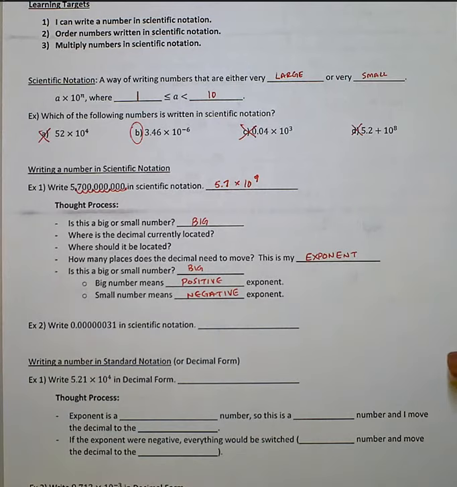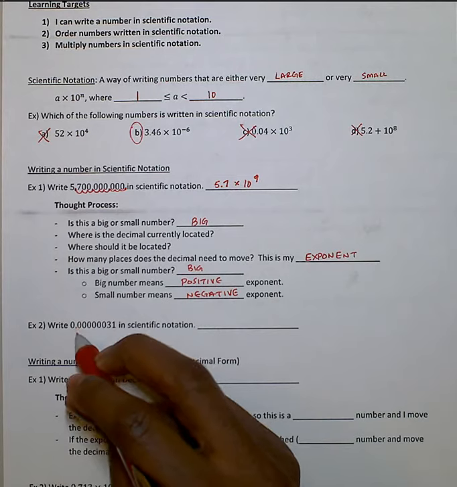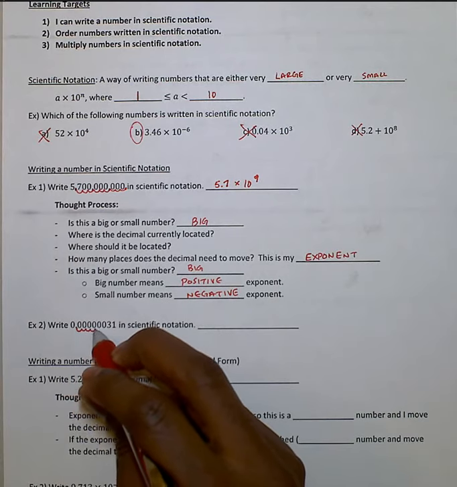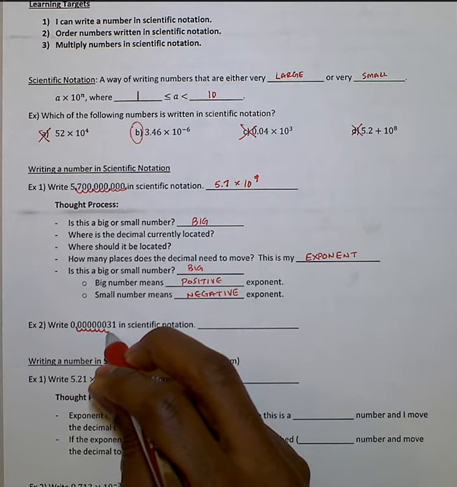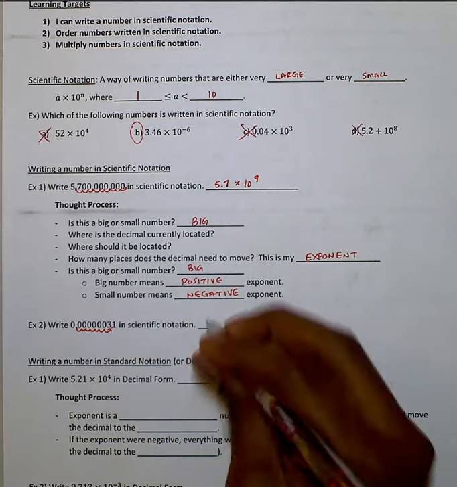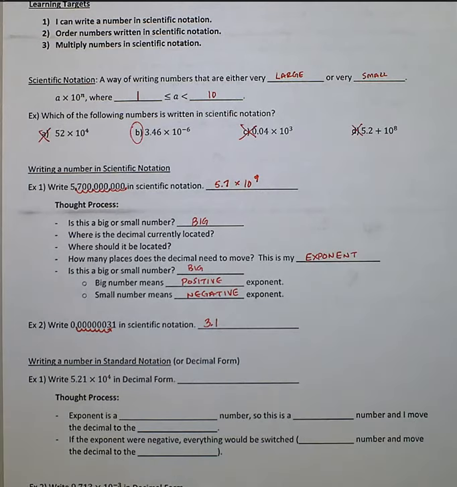Now we'll go through the same thought process for this next problem. I have my decimal, in this case it is written. I'm going to see how many places I have to move it. 1, 2, 3, 4, 5, 6, 7. Move it 7 places to get it between 3 and 1, because that way a would be greater than or equal to 1 and less than 10.